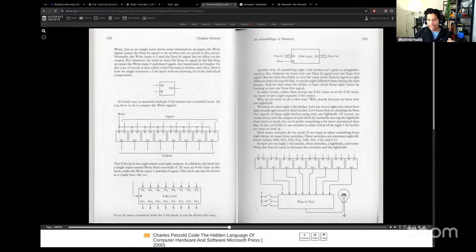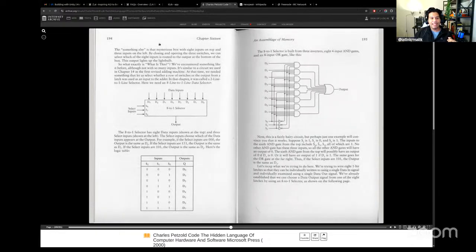And so here are our 8 1-bit latches, 3 switches, a light bulb, and something else that we need in between the switches and the light bulb. So now we wire them individually, all of them, and then there is voltage here, and then there is some unique box, and then this goes to one light bulb that is here.